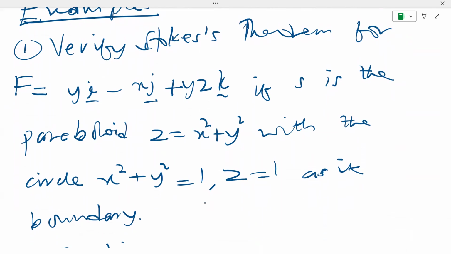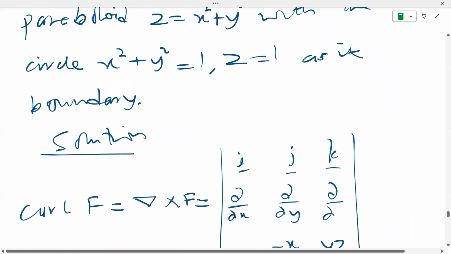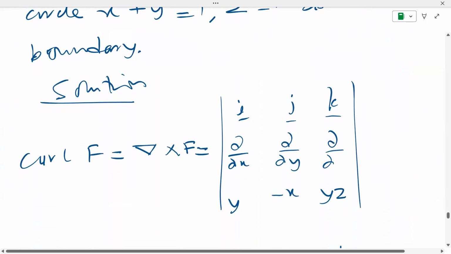So look at the question very well. All right, z equals 1 gives us its boundary. So we look at the solution.